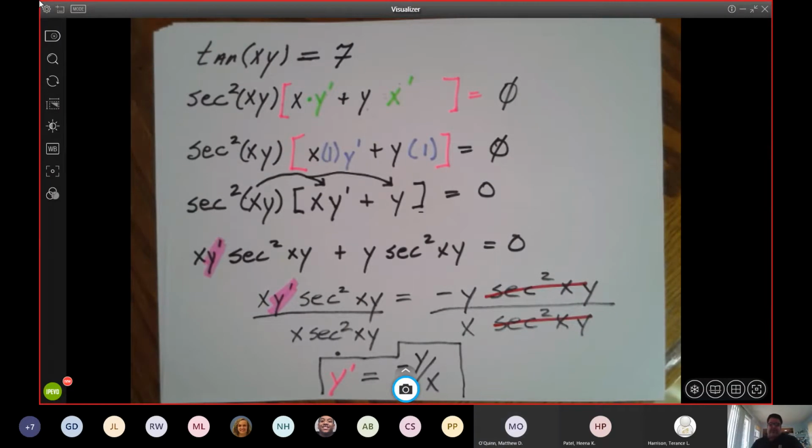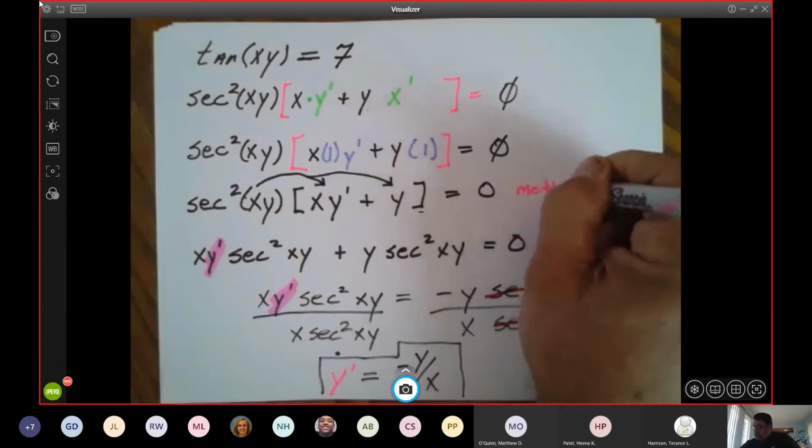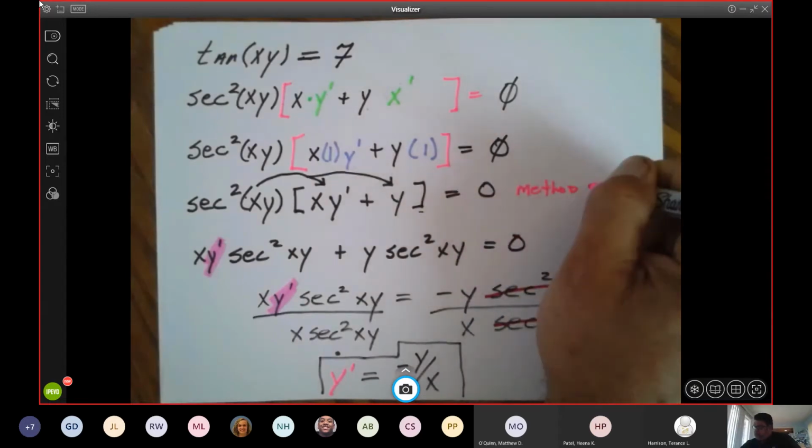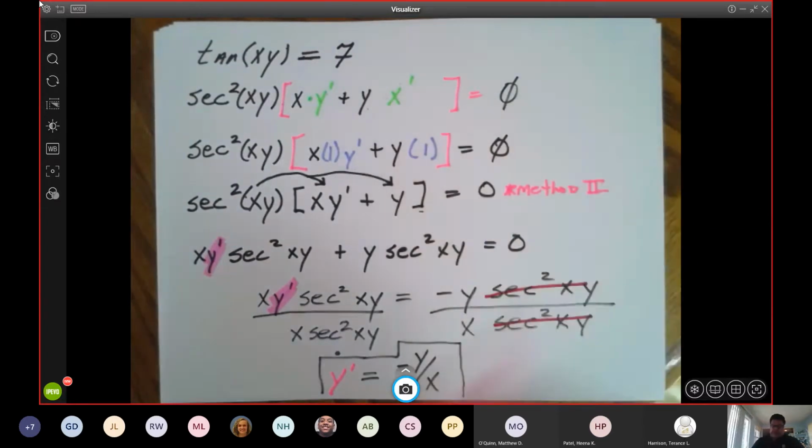Now, I will say that you can use another method at this point right here. Anybody know what method, another method? Method 2, another method you could do here? What's the opposite of the distributive law?